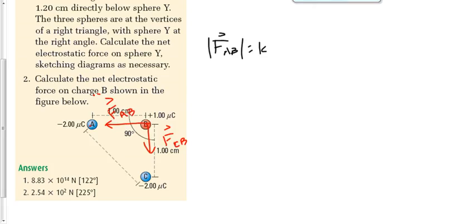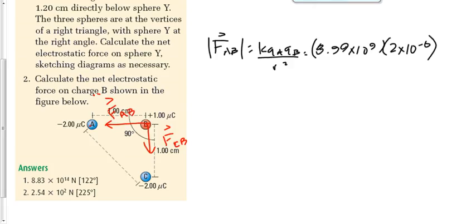We got kQAQB over r squared. We got 8.99 times 10 to the 9 times QA is 2 times 10 to the minus 6. If you don't know what a microcoulomb is, or a nanocoulomb, or a micro anything else, then check your data sheet.